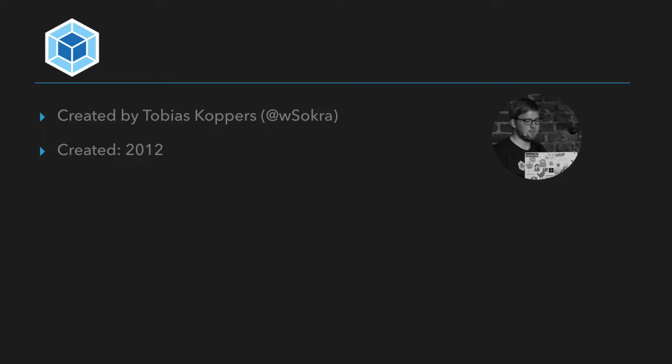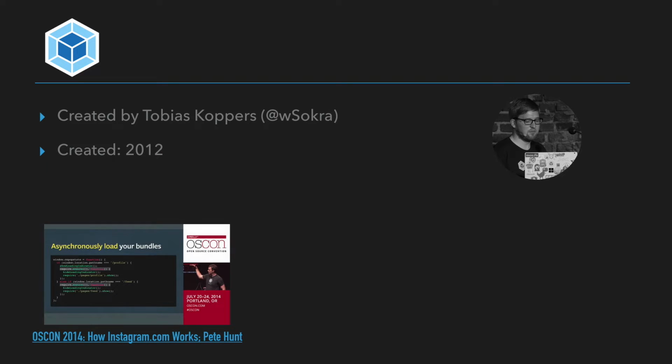How did Webpack get created before React? So I reached out to Tobias and he sent me the link and told me about this presentation that was done by Pete Hunt. Pete at the time was part of the Instagram team at Facebook, and the presentation talks about the problems or challenges that his team was encountering during the build process with their product.